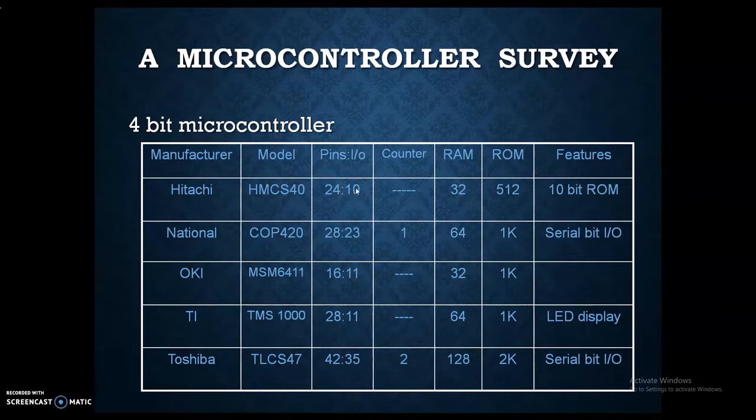The number of IO pins is 10, and 32 bytes of RAM is there, and 512 bytes of ROM is on chip. This is the special feature of this model. Likewise National Instruments, Texas Instruments, OKI, Toshiba have designed their own microcontroller. But look, all the microcontrollers in this table are 4-bit microcontrollers.